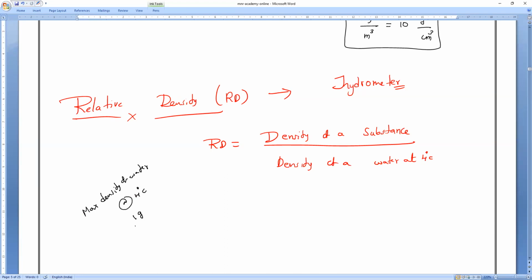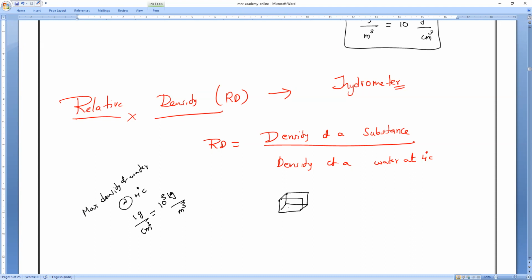Which is 1 gram per cubic centimeter, and it is equal to 10 power 3 kilogram per cubic meter. Understanding? If I design a cube of each side 1 centimeter, how many grams of water can I fill? 1 gram of water.